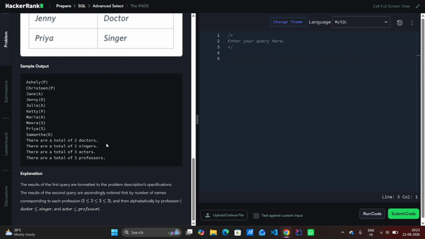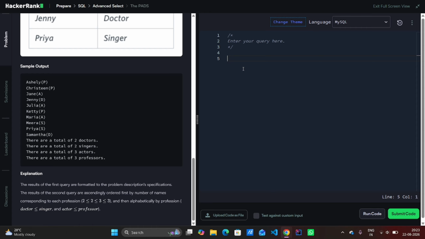We will use group by here, and put them in ascending order. And if they are the same, like two doctors, two singers, then we will order them alphabetically. Okay, so that's it for this question.